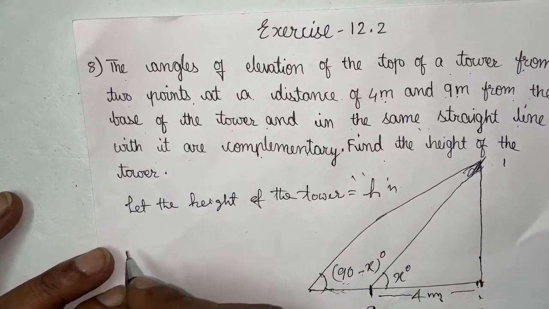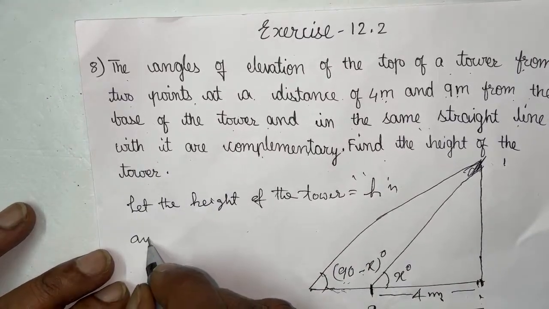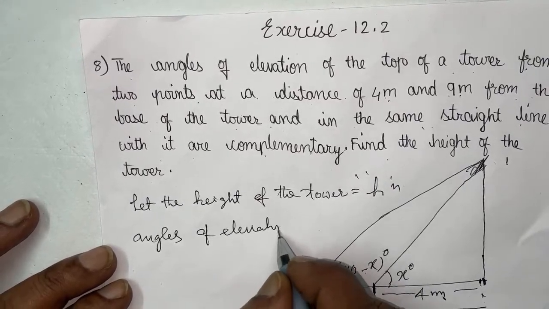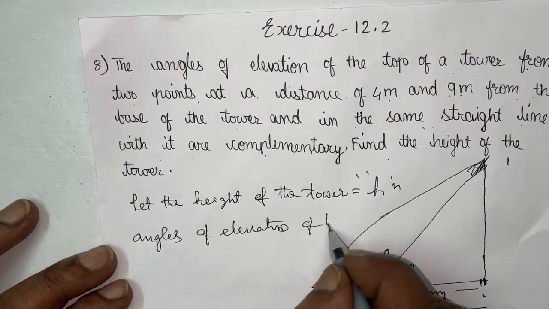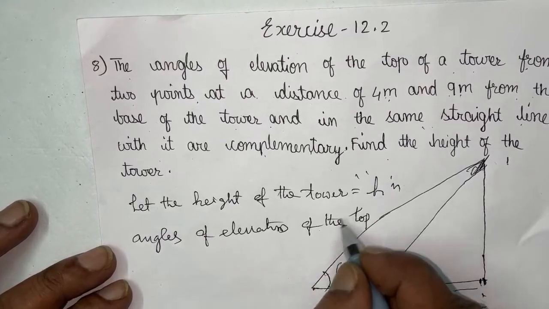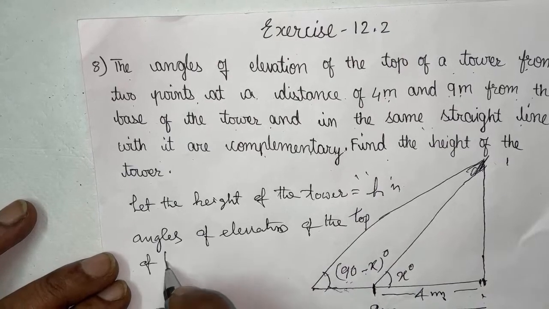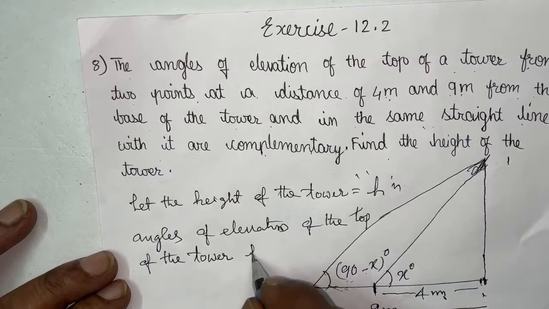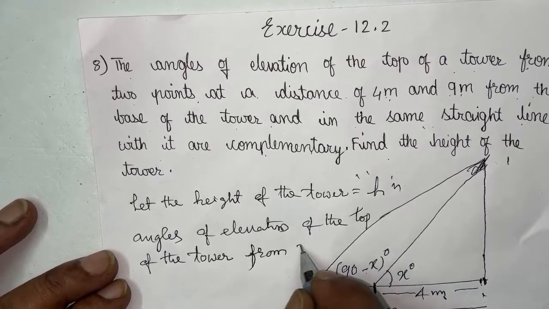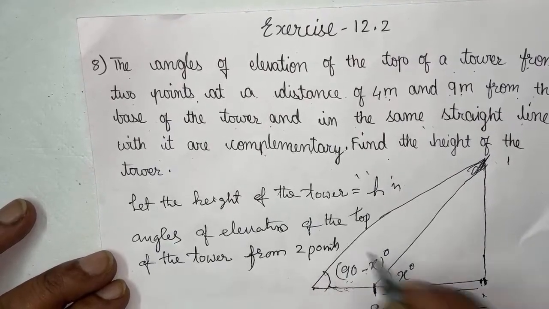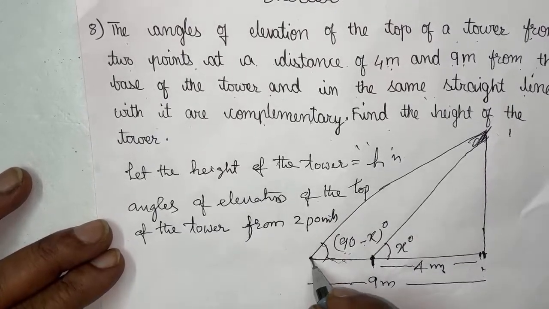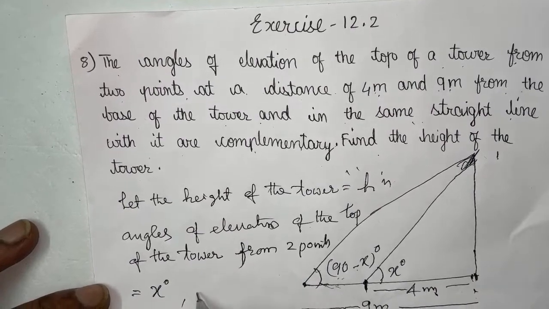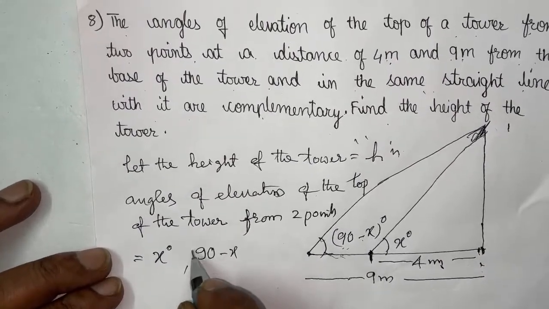The angles of elevation of the top of the tower from the two points, one point here and another point here, are x degrees for the first angle and 90 minus x degrees for the second.